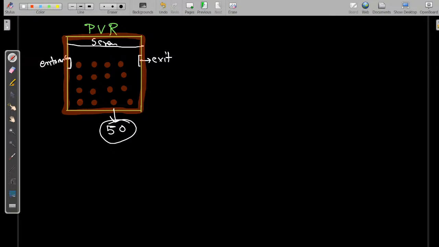Now what happens? Two new persons enter into this PVR, and two persons who were sitting inside thought the movie was boring, so they leave through the exit.